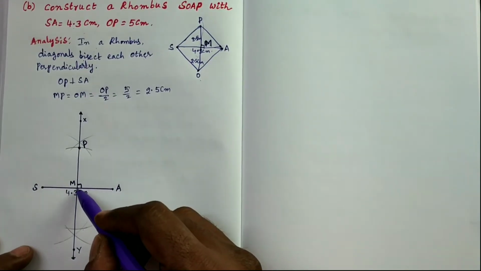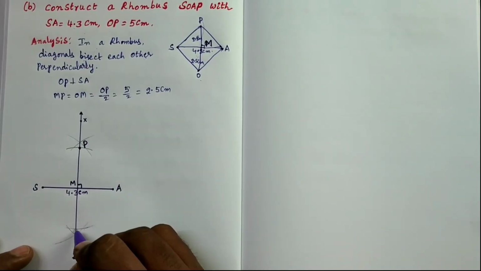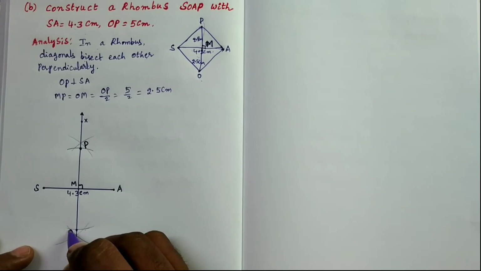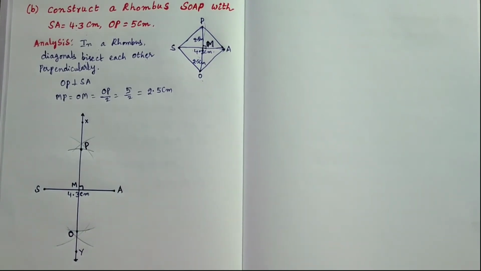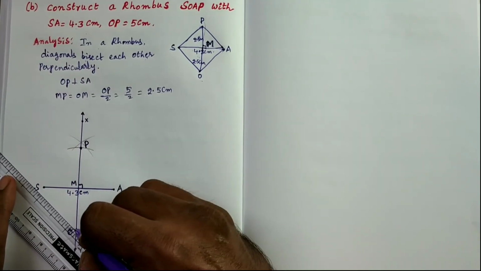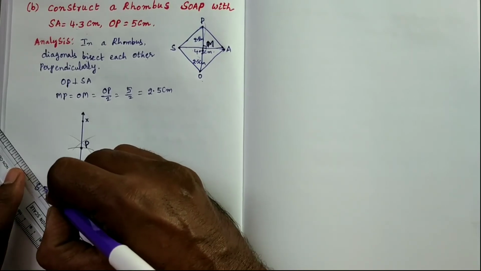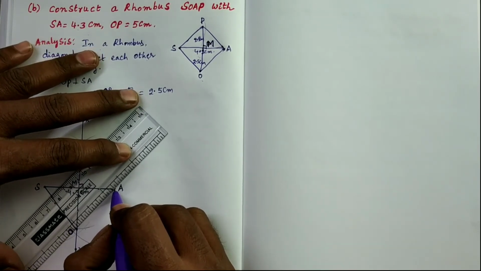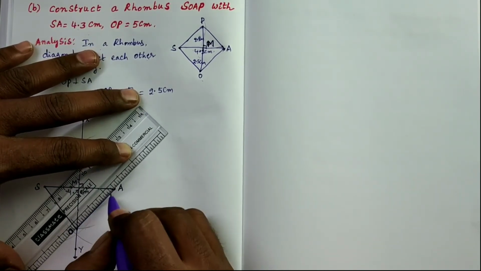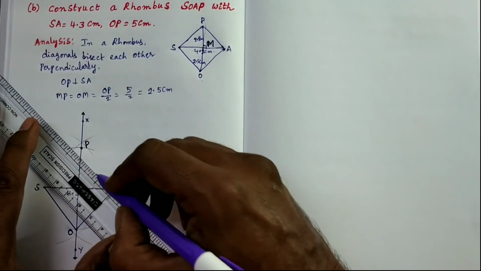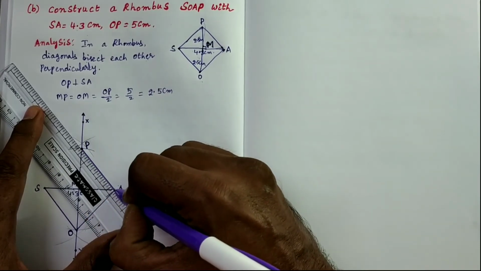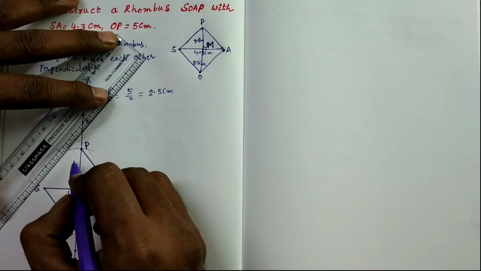It cuts the MY ray at this point, O. Now join SO, OA, AP, and SP.